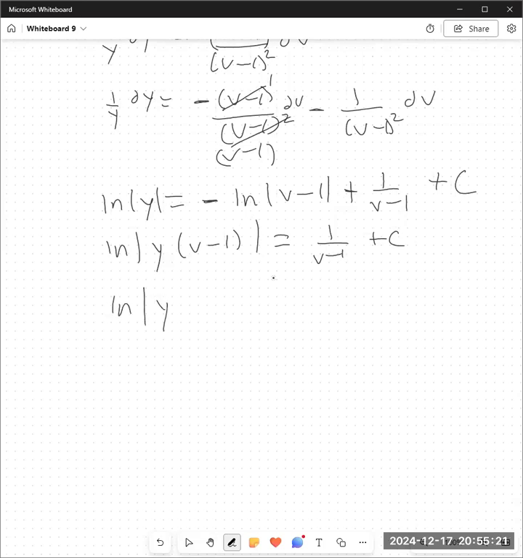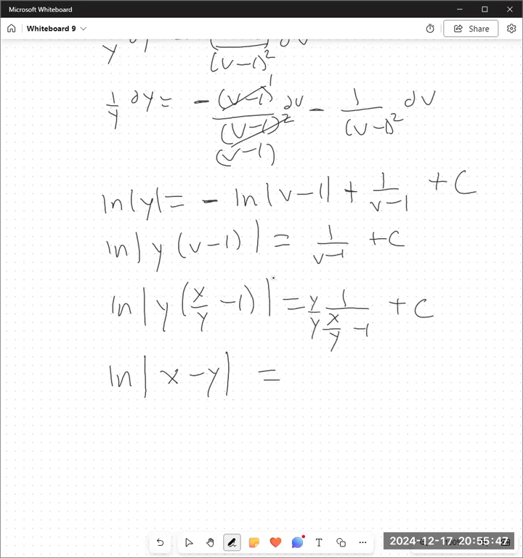So ln of y times x over y minus 1 equals 1 over x over y minus 1 plus c is going to be ln of the absolute value of x minus y equals, and I'm going to multiply by y over y here, y over x minus y plus c.